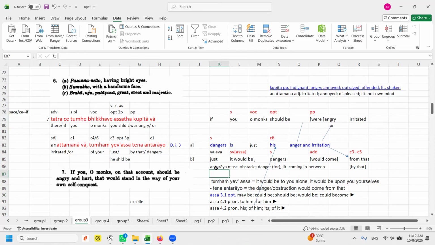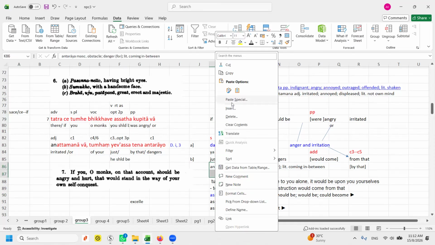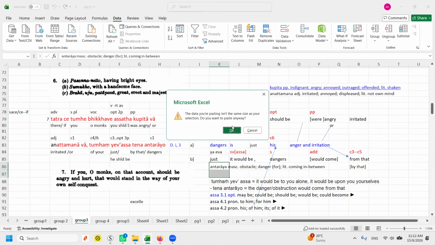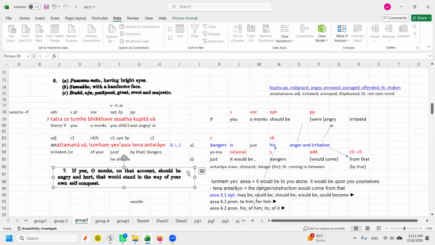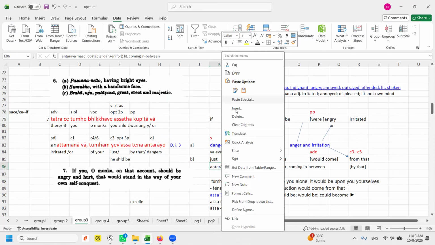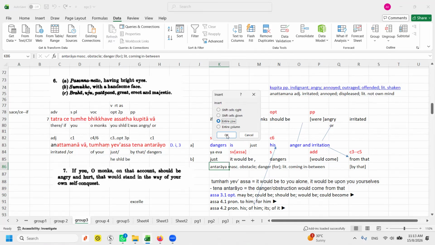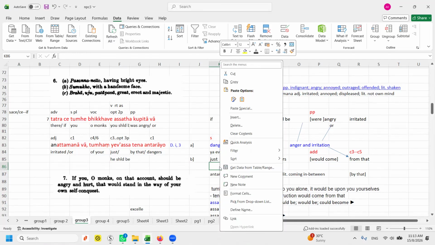I need two more lines. Insert one more line.